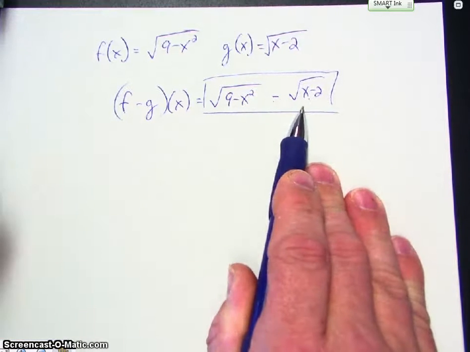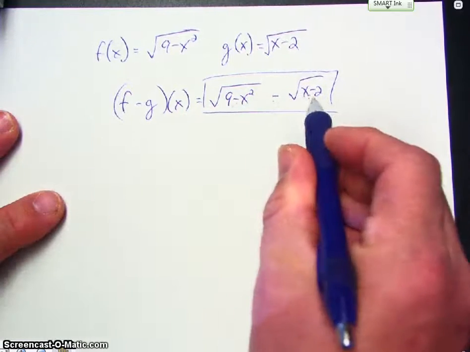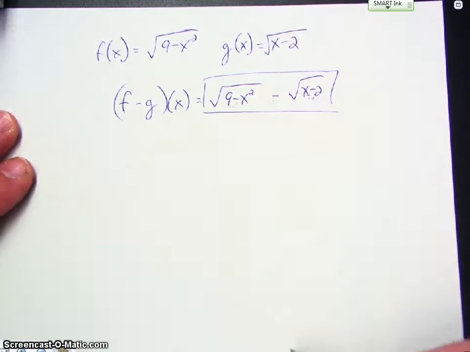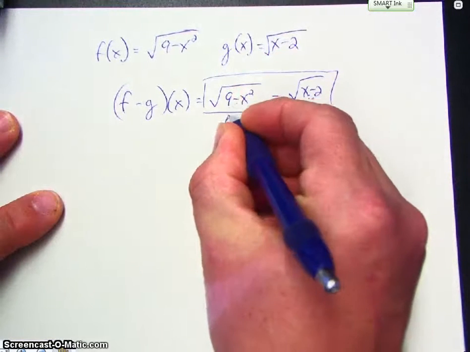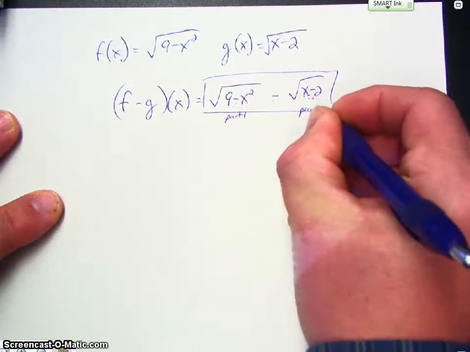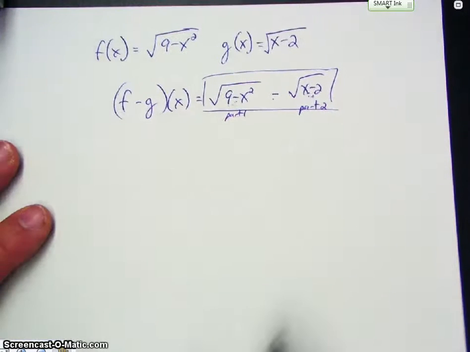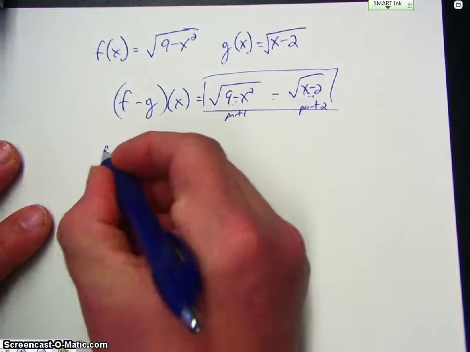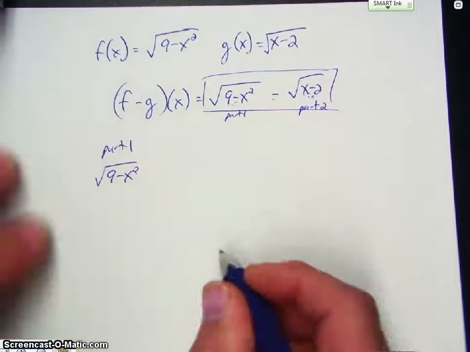Now the fun part is figuring out the domain. We have two domains to deal with. We'll call this part 1, and we'll call this part 2, and let's find the domains for each of those parts. For part 1, we have the square root of 9 minus x squared.